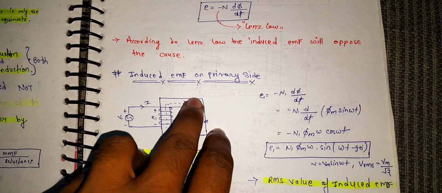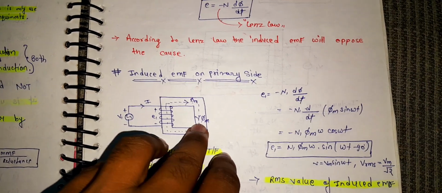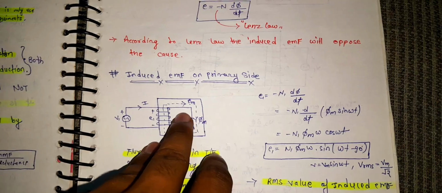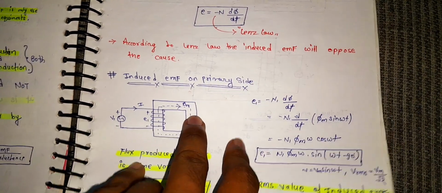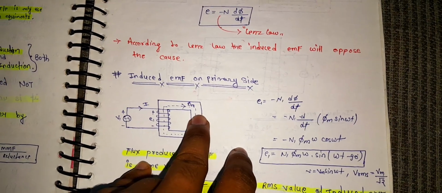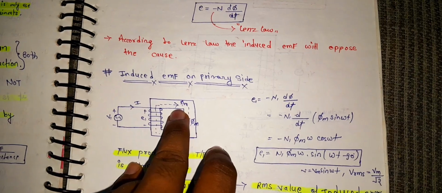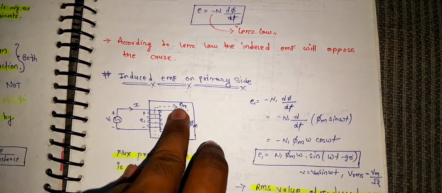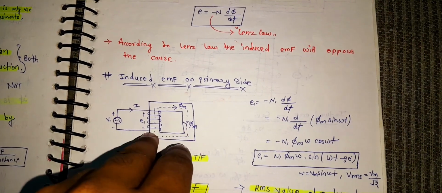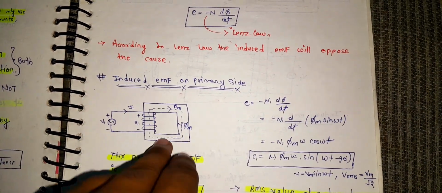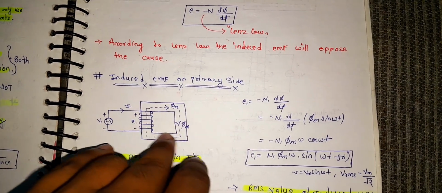This is the core, made up of CRGO or another metal. It is not a solid core; it is made of thin metal sheets put together. In this core flows a flux phi m, which is bidirectional.